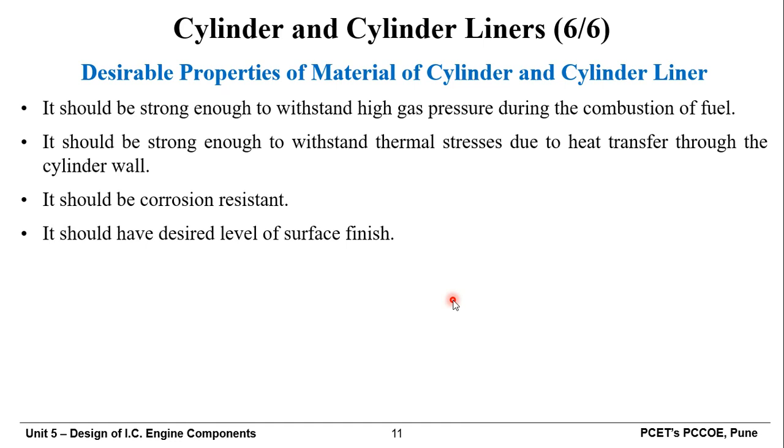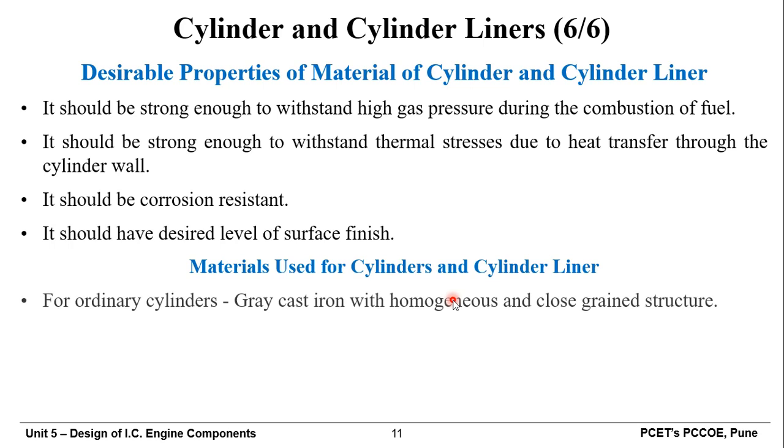Second, during combustion, whatever flue gases are developed may react with the cylinder material or cylinder head material as well. So that is also considered while selecting the material, so that there will not be any kind of chemical reaction.